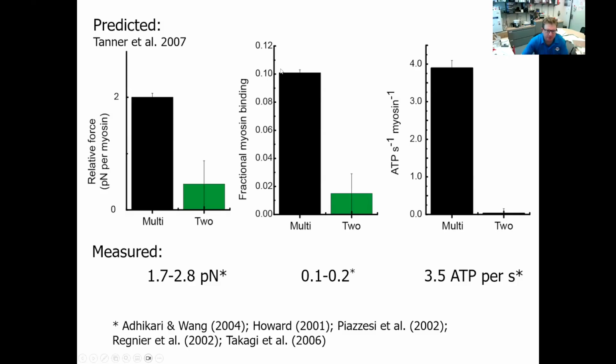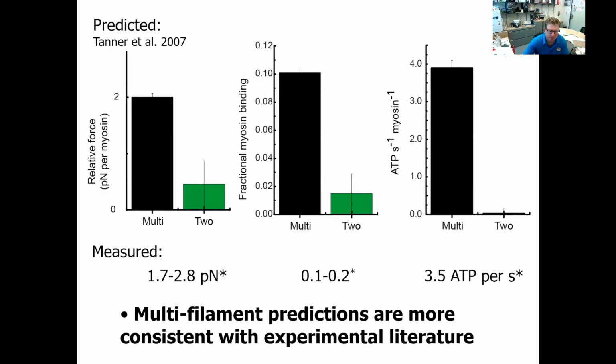If we look at the differences in fractional myosin binding, there was greater cross-bridge binding and greater cross-bridge turnover, going through the cycle faster. All of what was going on with the forces, the level of binding, and the dynamic turnover of the system seemed to be much more in line with measured values from muscle experiments for the multiple filament model, which emulates the regular physiological geometry, compared to the two filament model.